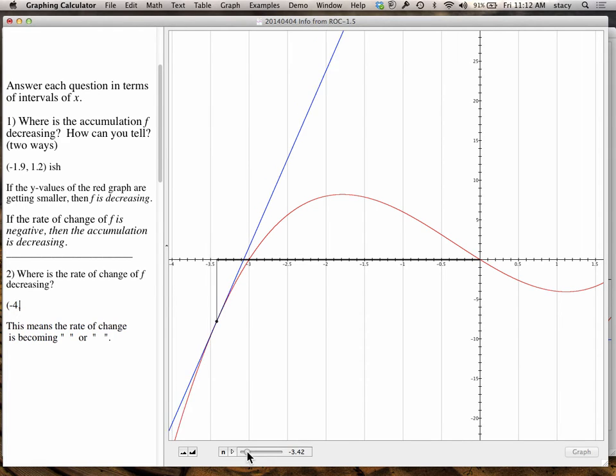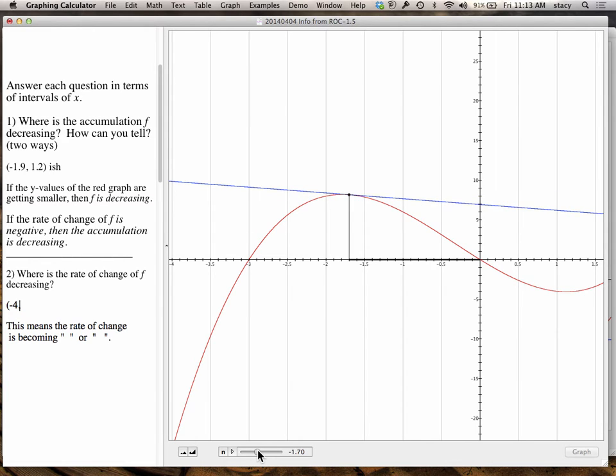Now as I move, what's happening to that big positive number? It's getting smaller, so it's decreasing. So the value of the rate of change is decreasing, because we're getting smaller positive. And then we get to a point where it's 0, so we're still decreasing, right?